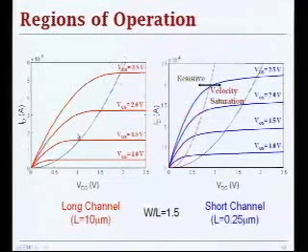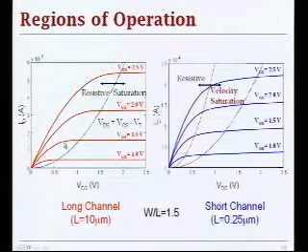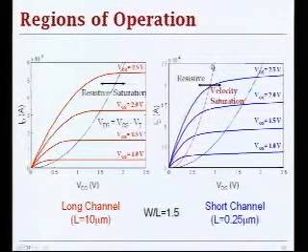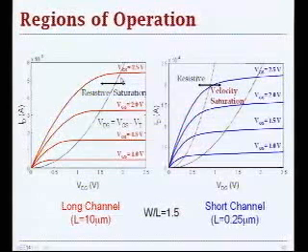As we saw in the previous case, we had a clear boundary between resistive and saturation region defined by VGS minus VT. What happens in the short channel device is that we have this velocity saturation mode that occurs much sooner than where saturation would occur in a long channel device model.